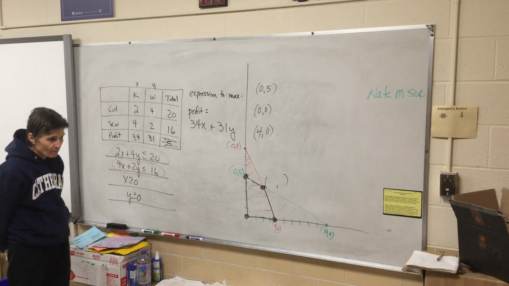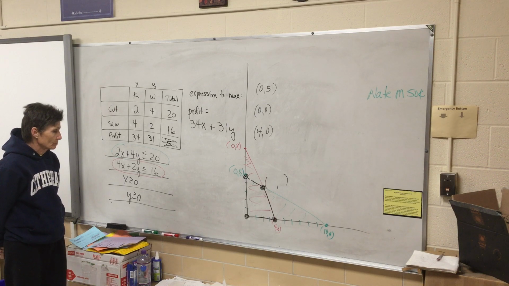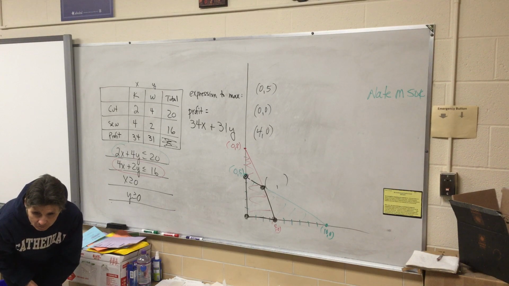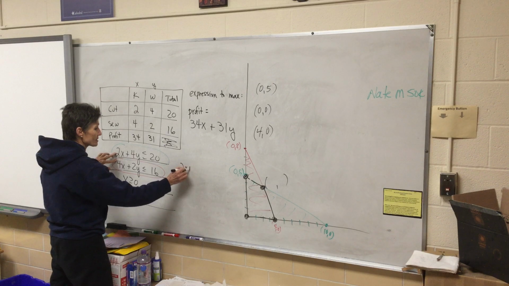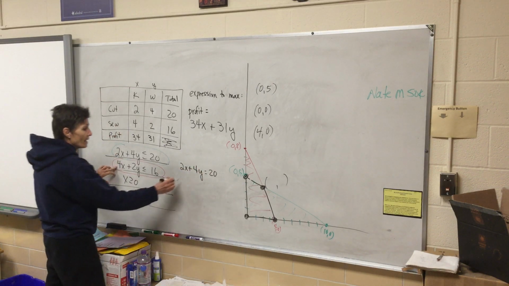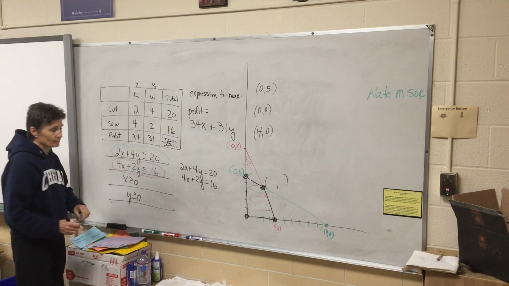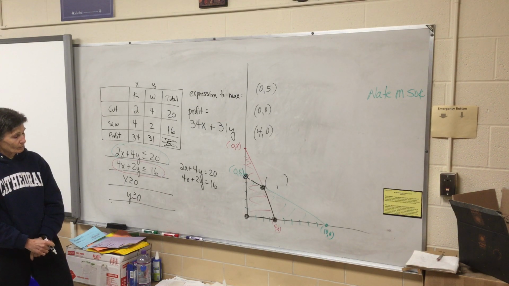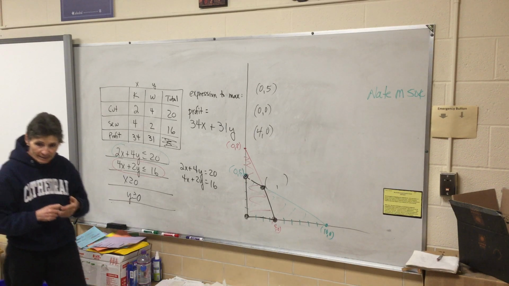So what do we do to find our mystery point? Substitution or elimination. On these two equations. So 2x plus 4y equals 20. And 4x plus 2y equals 16. All right, I'll do this however you want. Who's got an idea?